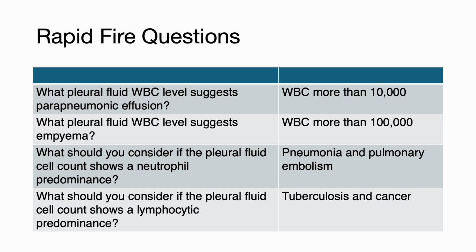What pleural fluid WBC level suggests empyema? WBC of more than 100,000. What should you consider if the pleural fluid cell count shows a neutrophil predominance? Pneumonia and pulmonary embolism. What should you consider if the pleural fluid cell count shows a lymphocytic predominance? Tuberculosis and cancer.